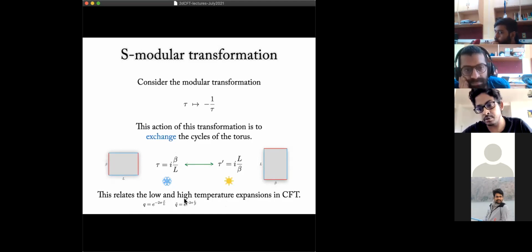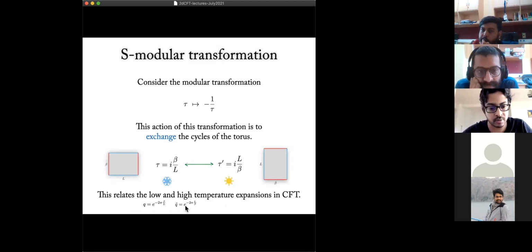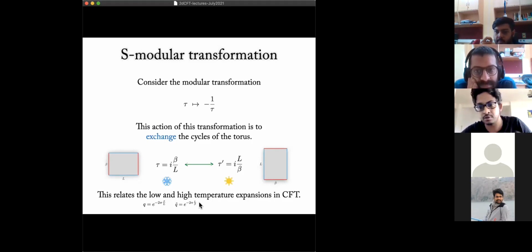Whereas at high temperatures, the relevant parameter for expansion is this, e to the minus L by beta. At high temperatures, beta is close to 0, and this Q bar, which has a 1 over beta in its exponent, is small. And what this S modular transformation does for you is to relate these low and high temperature expansions.